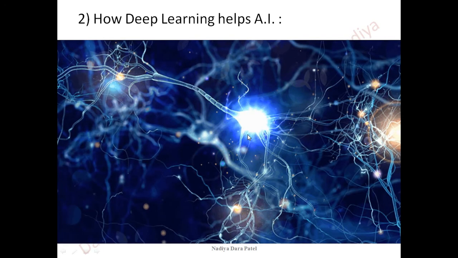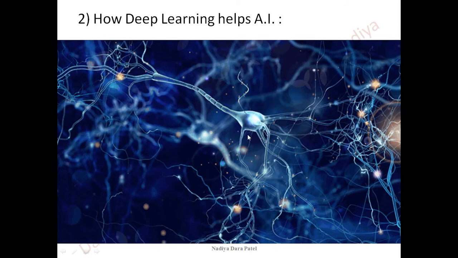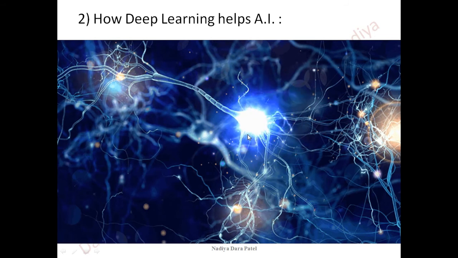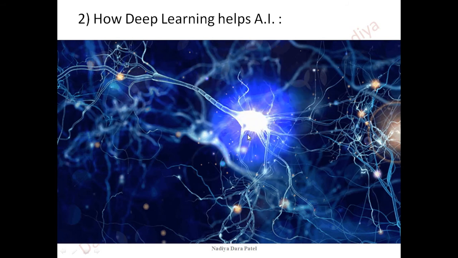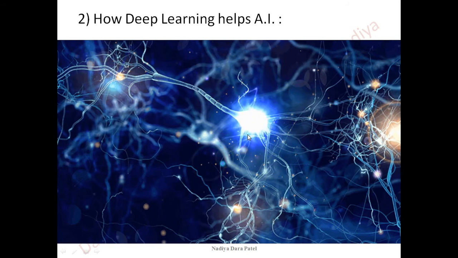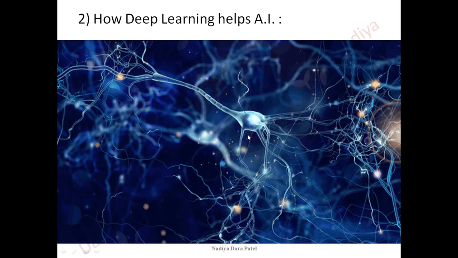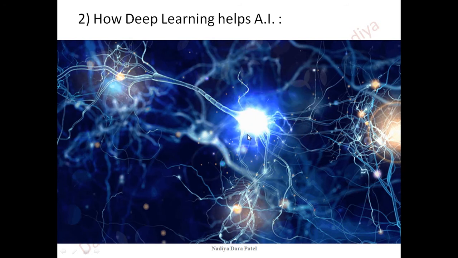Let us see now how deep learning helps artificial intelligence. I have already shown you that deep learning goes with some statistical functions, and it makes use of neural networks. This is completely based on creating human-like biology.